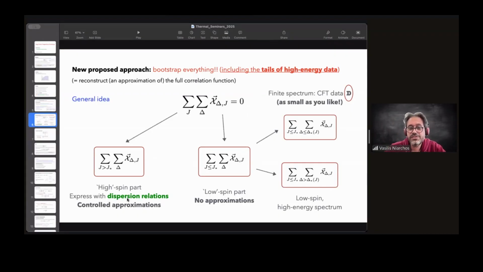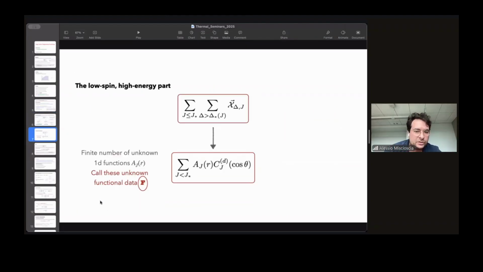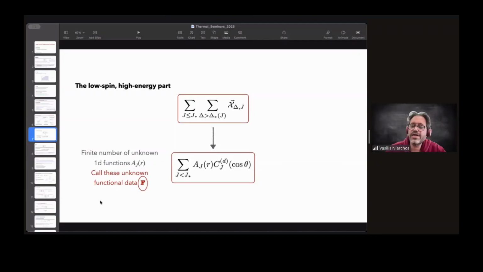With a very small J star, the approximations are not going to be very good. But as I increase J star, this is the controlled part, and these approximations will become better and better. So this J star is not the same J star that people define when they do the inversion formula. No, exactly, it's not that.